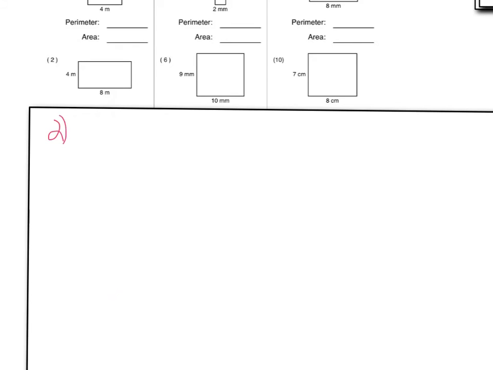So number 2 is the one we're going to look at. Perimeter, again, distance around the outside shape. Length plus width plus length plus width. So 8 plus 4 plus 8 plus 4. And really the order that you do these in makes absolutely no difference whatsoever.